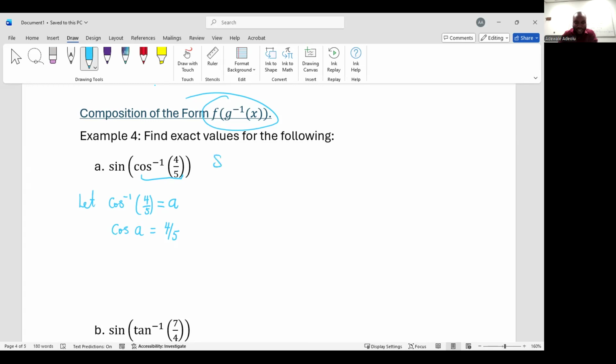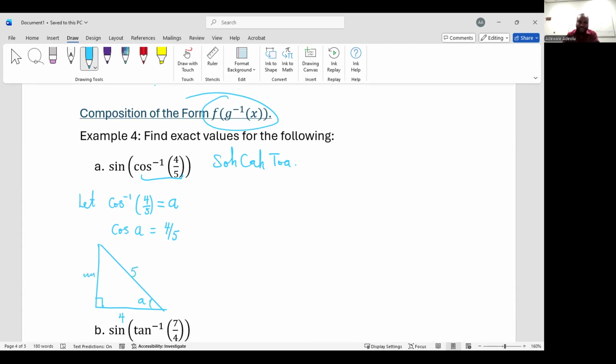You remember SOHCAHTOA? Good. So I can do something like this, and say this is 90 degrees. I call this A. Now, cosine is adjacent over hypotenuse. It means this is 4, this is 5.